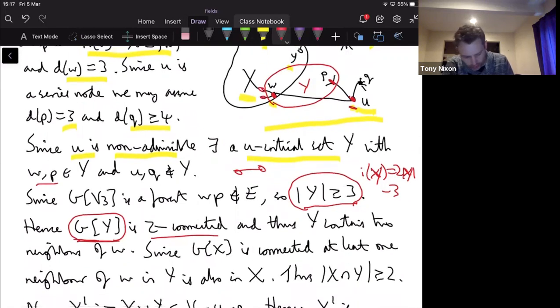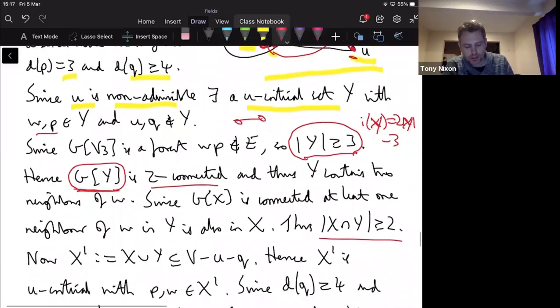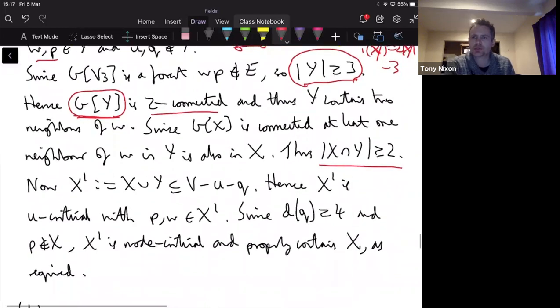I guess I don't really need to say the next sentence, but this tells us that the intersection of the set Y and the set X over here, this blob, has at least 2 elements in it. But since the intersection has at least 2 elements, we don't need to worry about the special case for the count for a single vertex compared to the 2v minus 3 count.